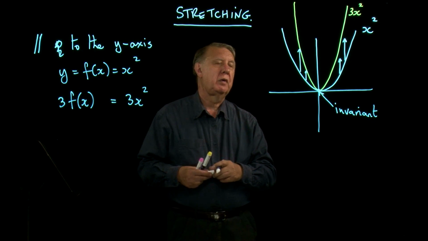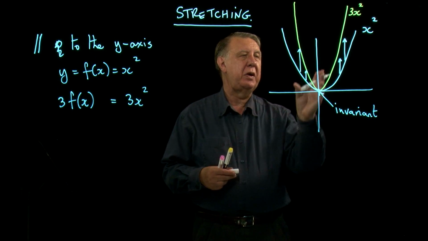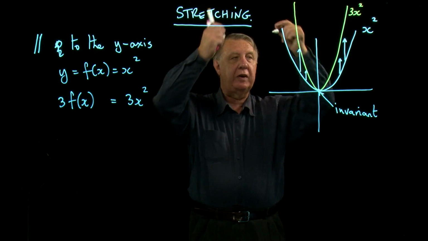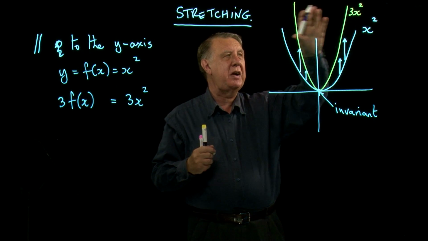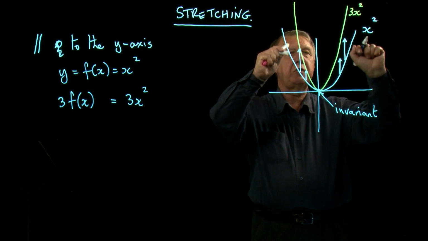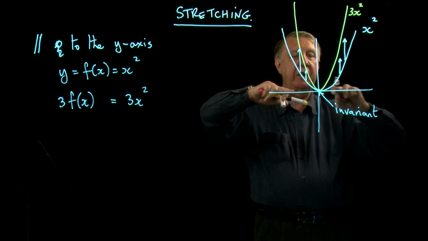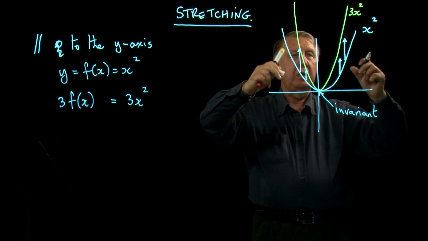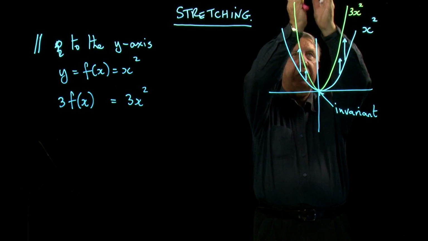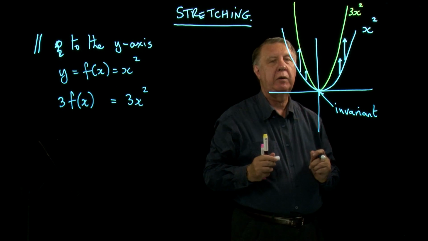And so the graph has been stretched upwards, and as it's been stretched, it's got thinner. Try to imagine this drawn on a sheet of rubber, and you're pulling the sheet of rubber up, but this line here is glued fixed. And so everything appears to come inwards, but it's actually being drawn upwards.